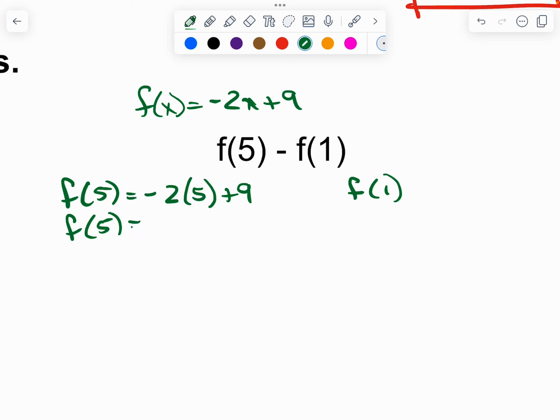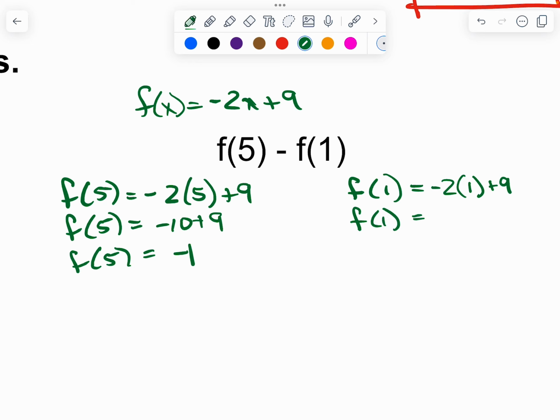So f of 5 equals negative 10 plus 9. So f of 5 is going to get negative 1. Now if I plug in 1, I'm just replacing the x with 1. So f of 1 is equal to negative 2 plus 9. So f of 1 is equal to 7.